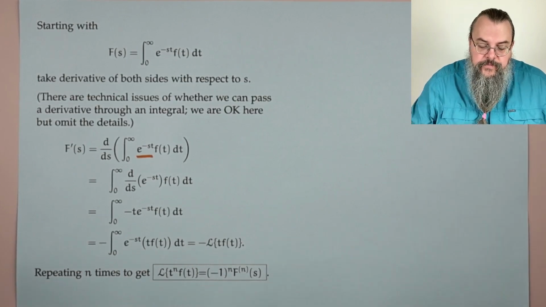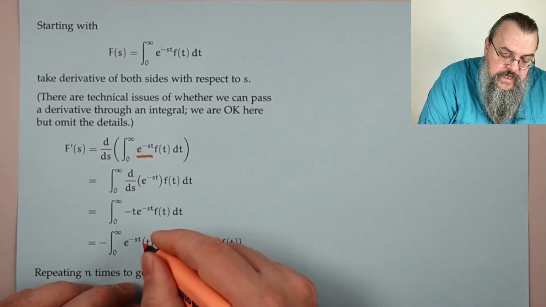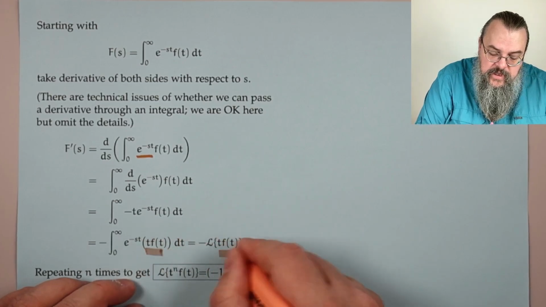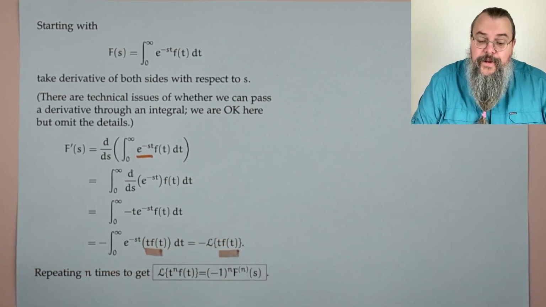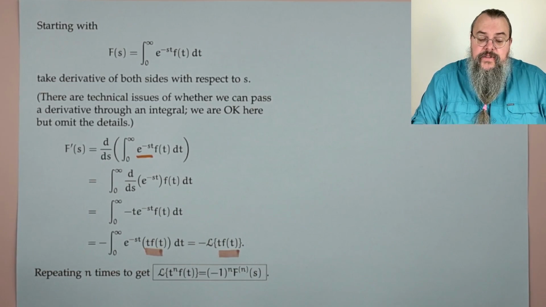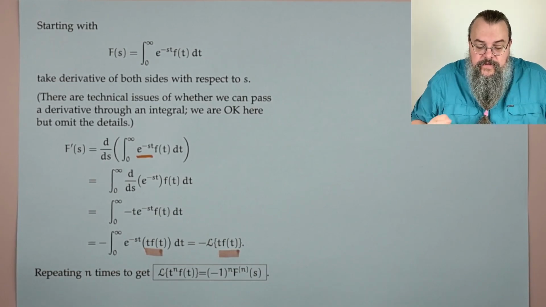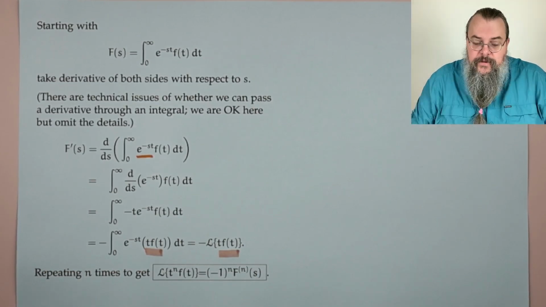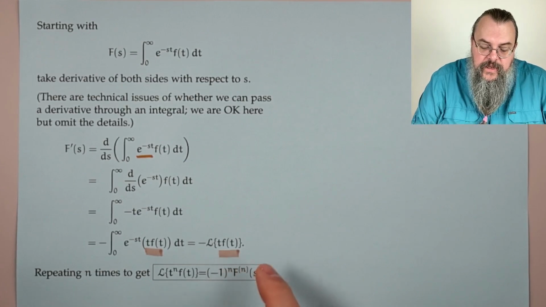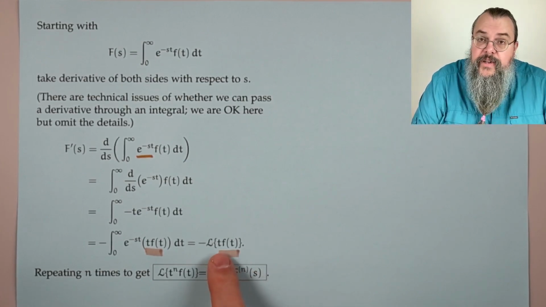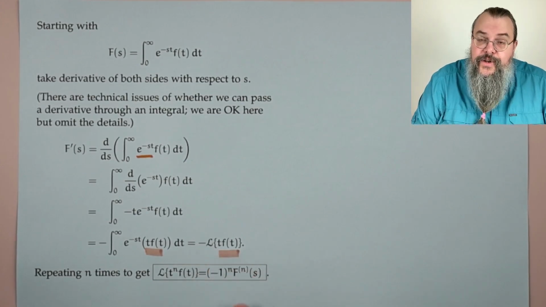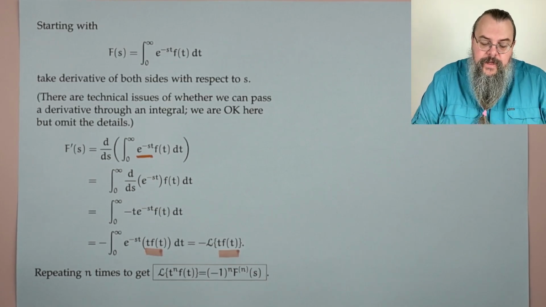Because what do we see? We've plugged in t f of t into our definition of the Laplace transform. And so we have this really fun fact that if we take the Laplace transform of t f of t, this multiplying by t turns into a derivative. Ah, cool.